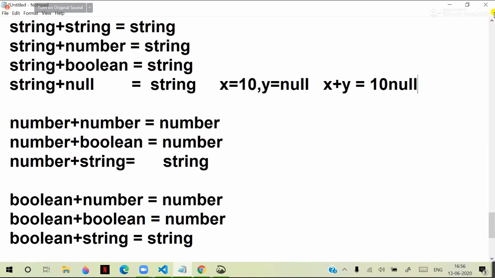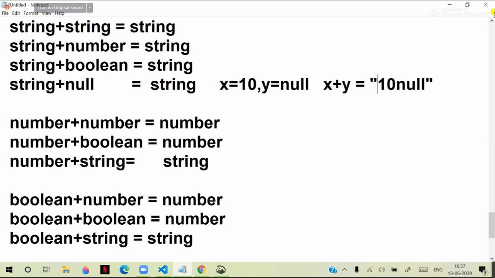Anything you define, first it will put the string, so it is a string type now. You need to know that this is a string type.